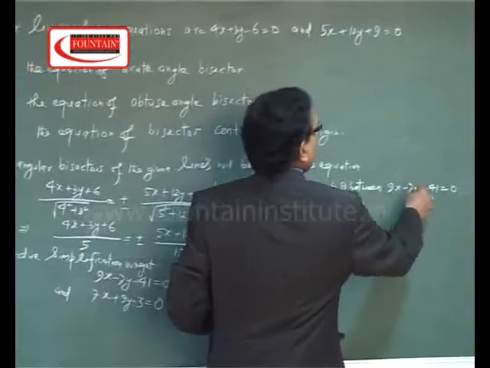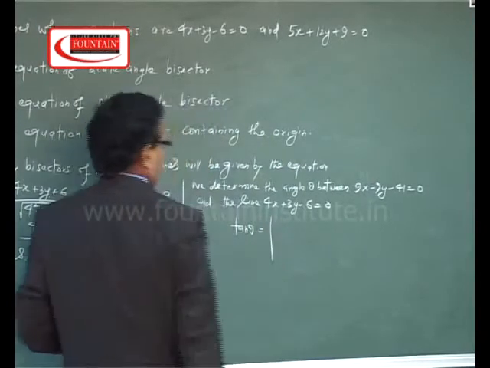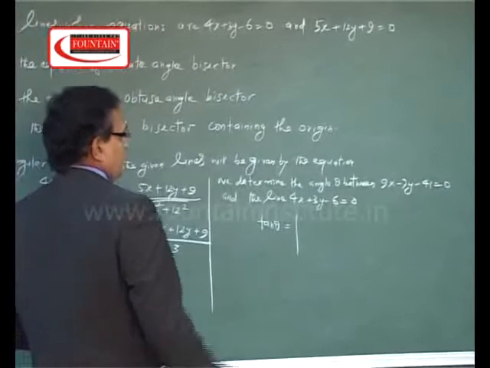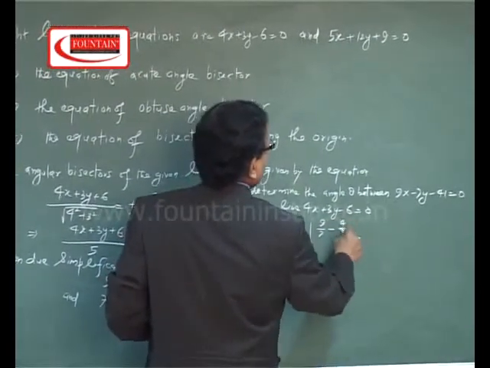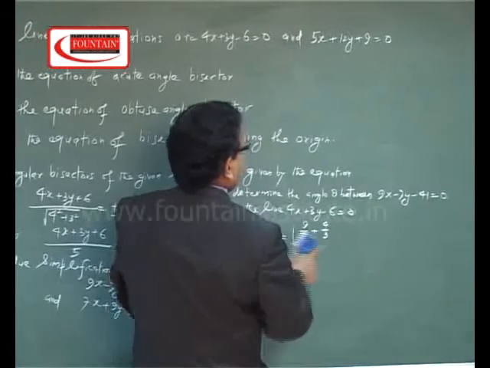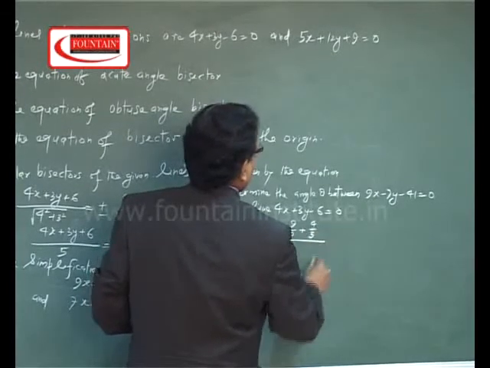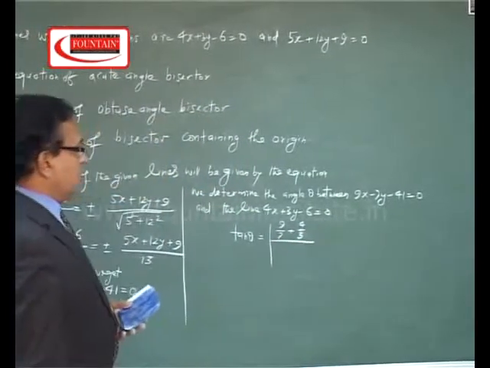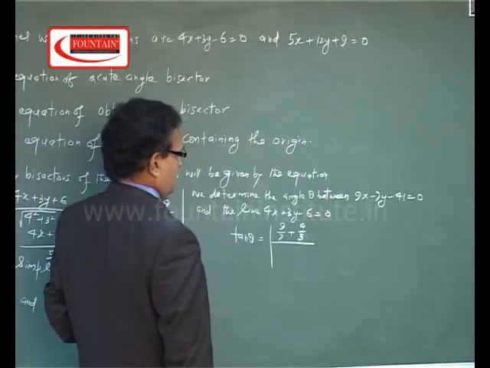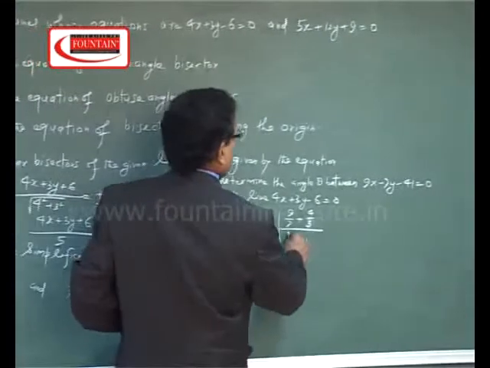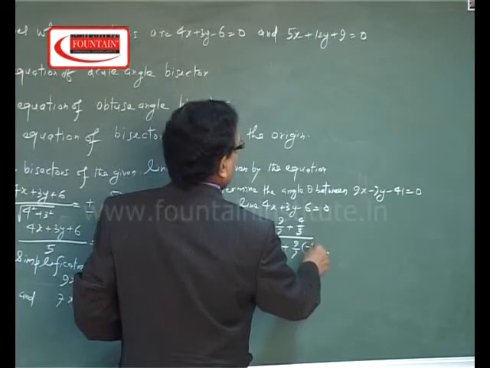We calculate the angle like this: tan theta is equal to the modulus of m1 minus m2, that is 9 by 7 minus minus 4 by 3, that will be plus 4 by 3, divided by 1 plus m1 into m2, that comes out to be 1 plus 9 by 7 multiplied by minus 4 by 3.